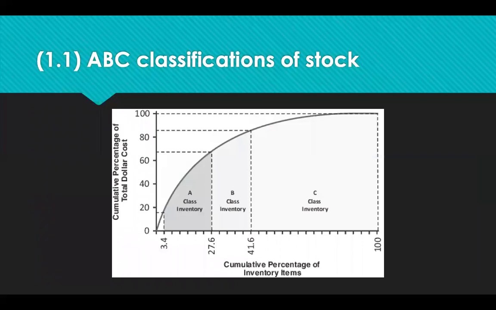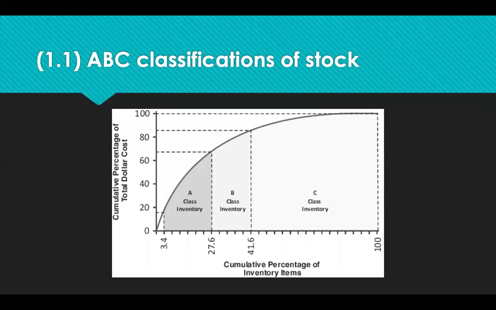Now, the ABC method of classifying stock is a tool for identifying and allocating priorities. It classifies inventory based on criteria such as value, criticality, and availability, using the formula extended value of cost multiplied by the quantity of the item.